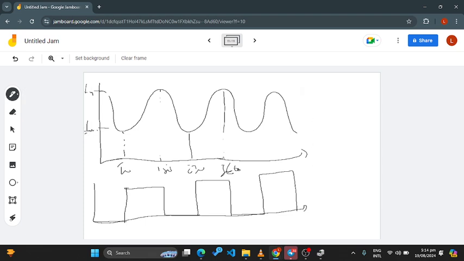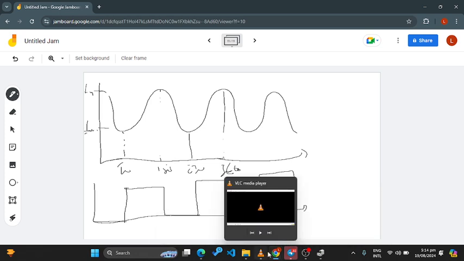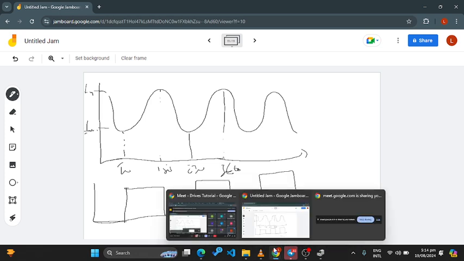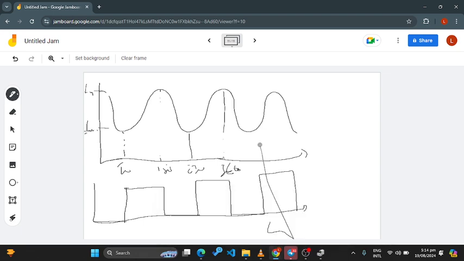Why am I disconnected? Please, can you guys hear me? Yeah, we can. Okay. What's happening to my Jamboard? Also, Google said that by October they are going to take Jamboard out of Google Workspace.